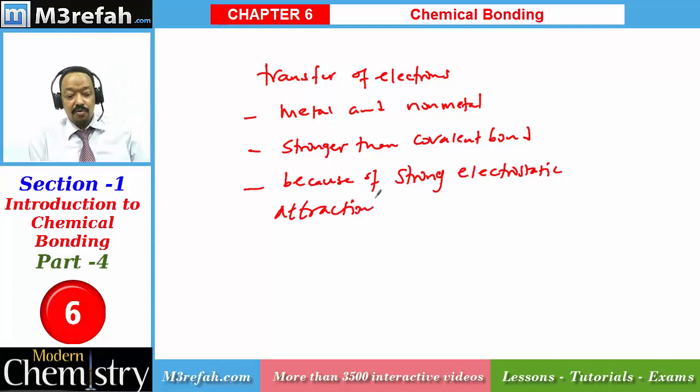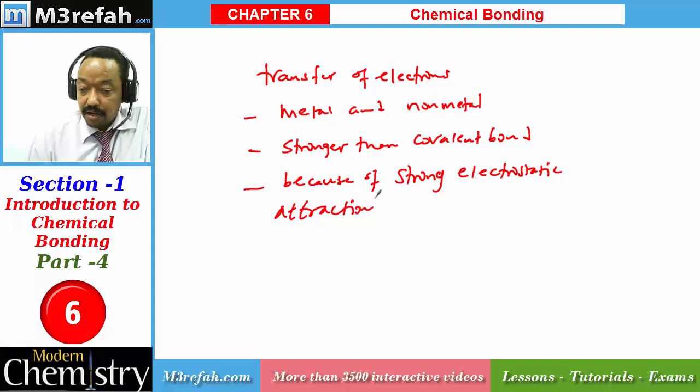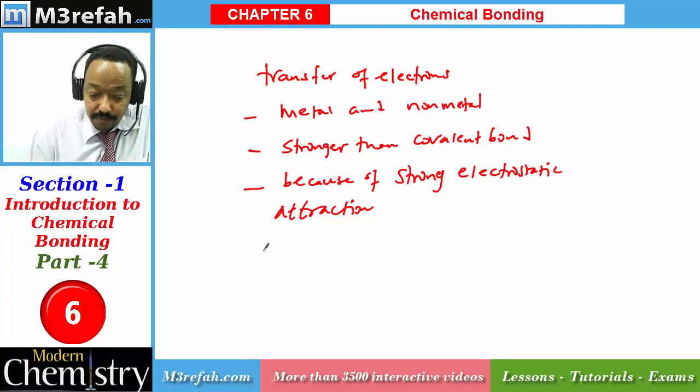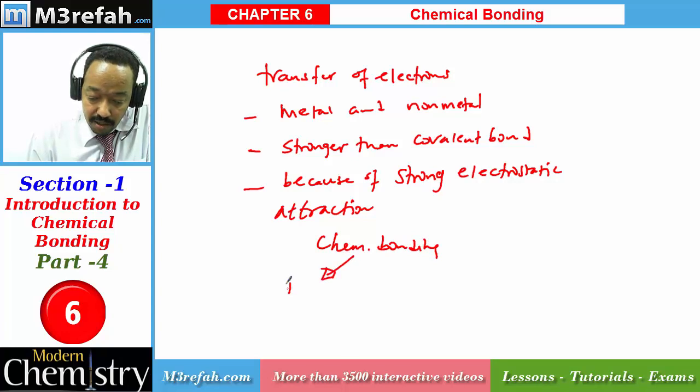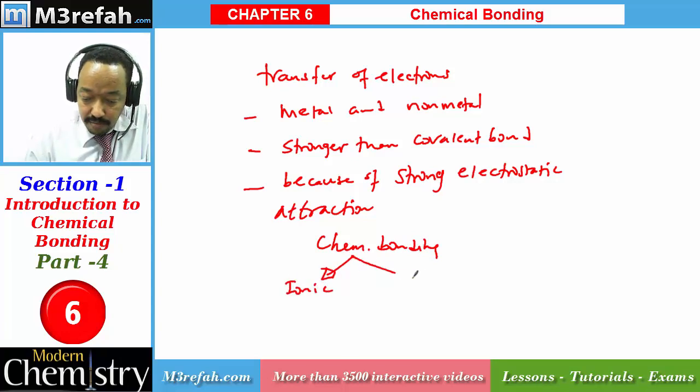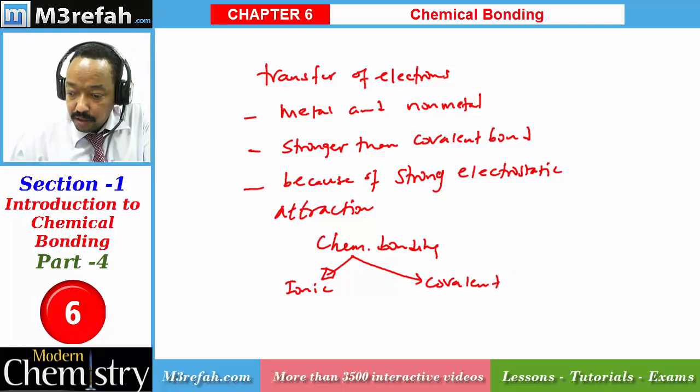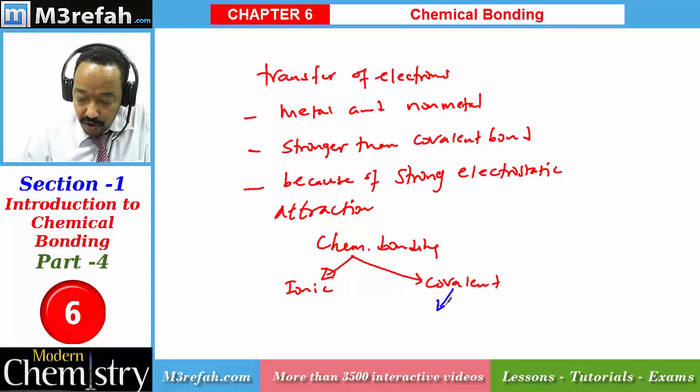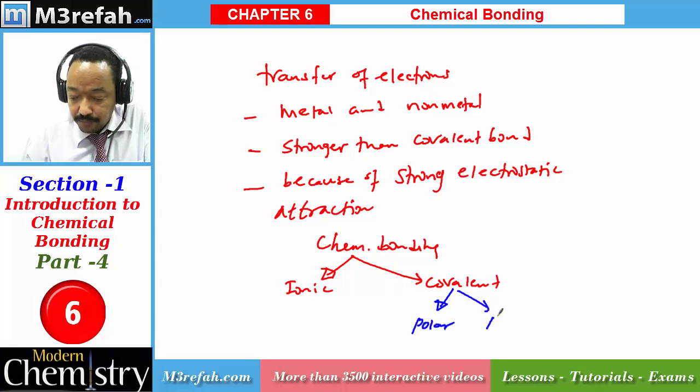So this is how we are going to see ionic compounds. To summarize the discussion, chemical bonding can be ionic or covalent. In covalent bonding, we do have polar and non-polar.